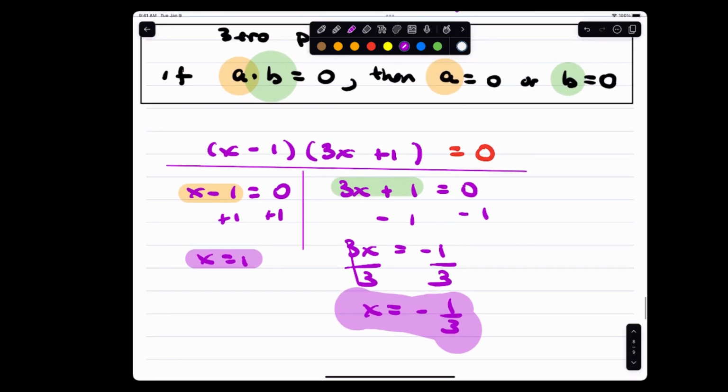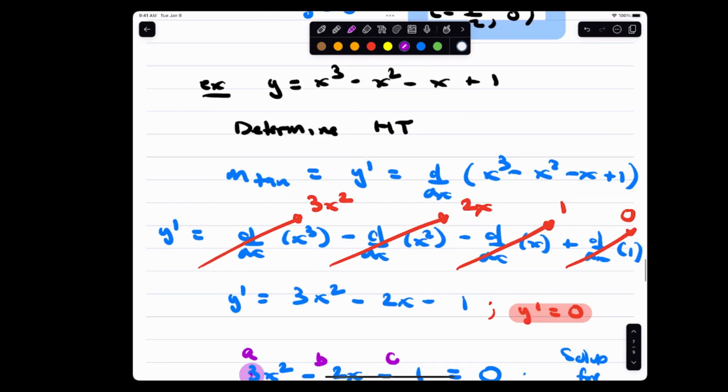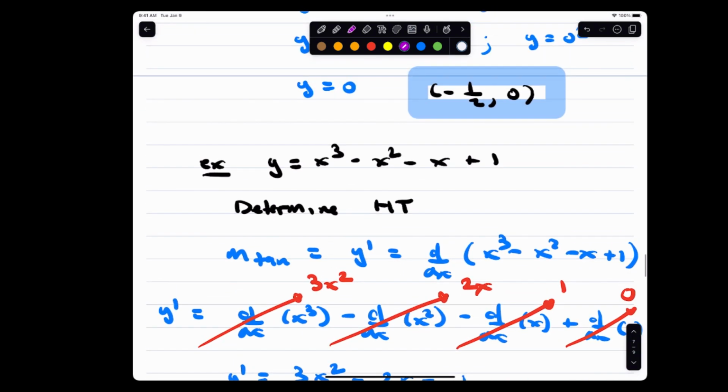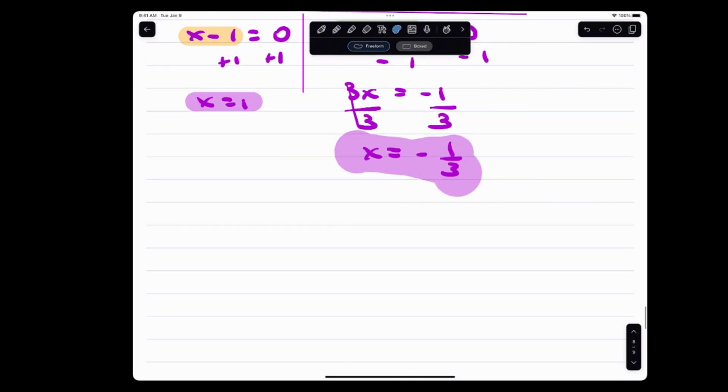So, ladies and gentlemen, you're going to have to plug these numbers back into where? Here. To get the corresponding y coordinate values. Okay, because they want locations. They want points.